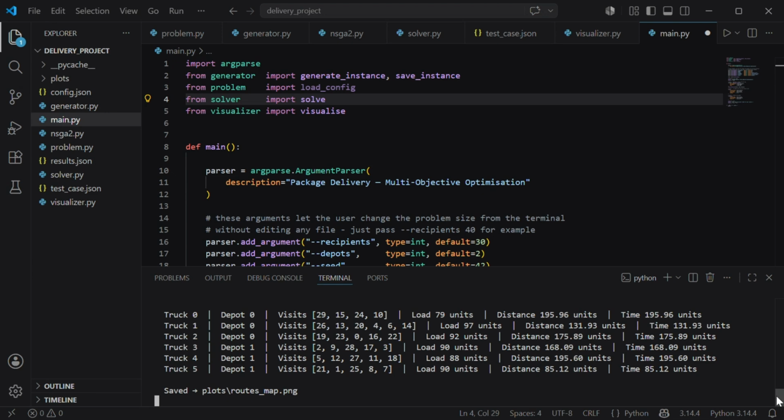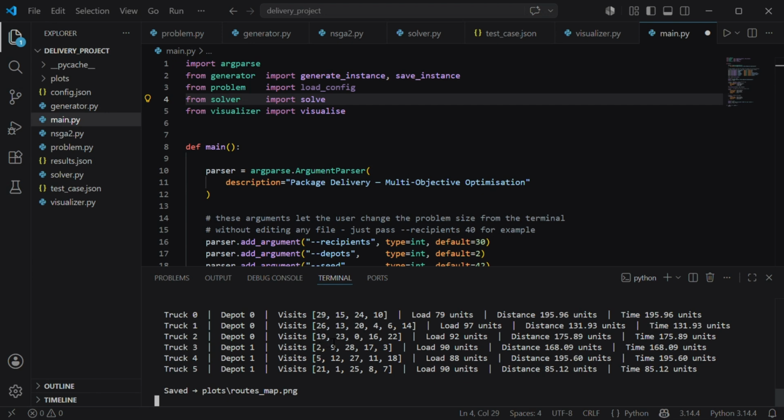The numbers in the brackets are the customer IDs. Each truck visits customers in order.